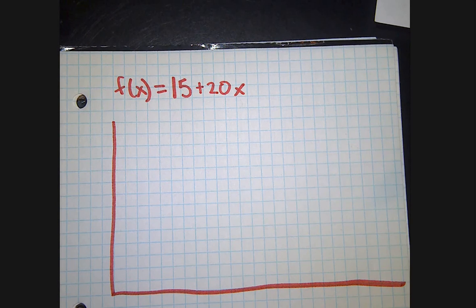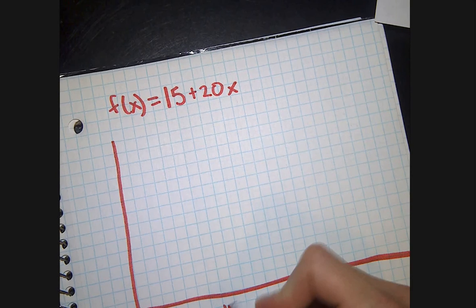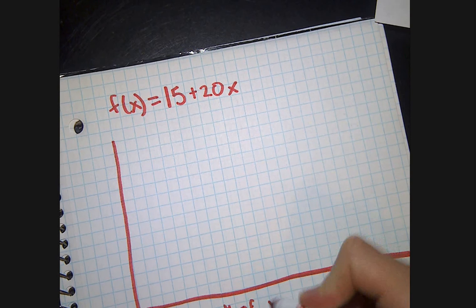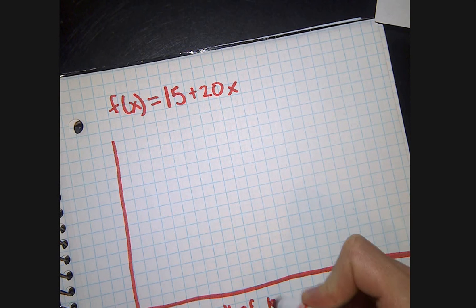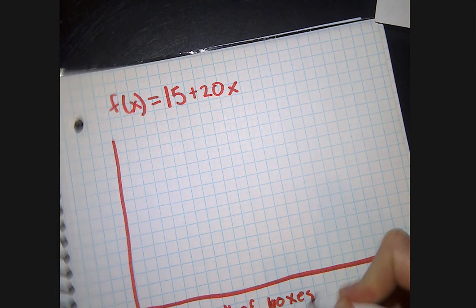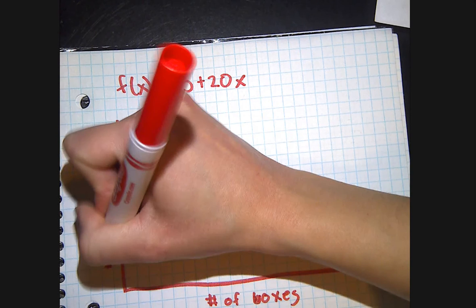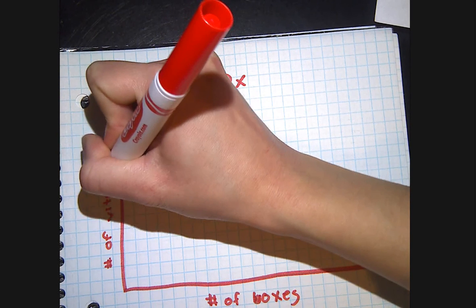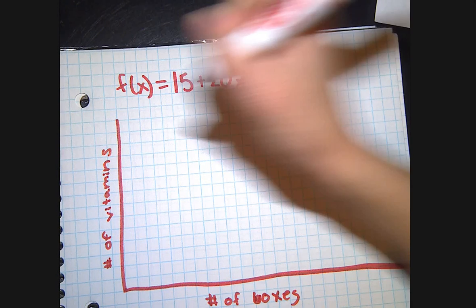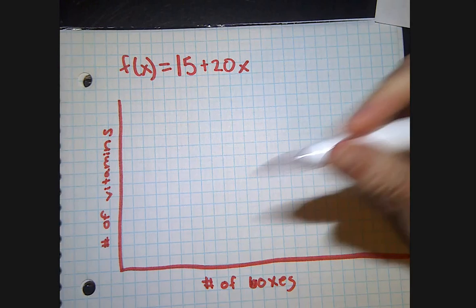So we've got number of vitamins, and number of boxes, and this is number of vitamins, because boxes is our independent variable. Okay, so we had 15 in the store to start with.